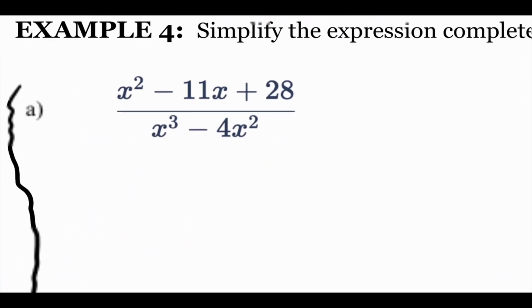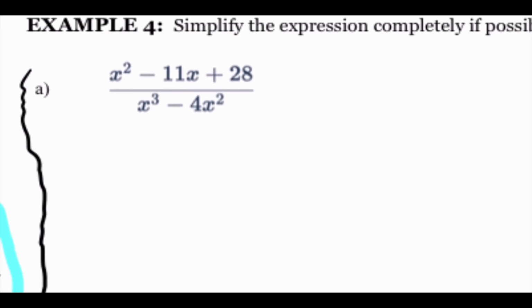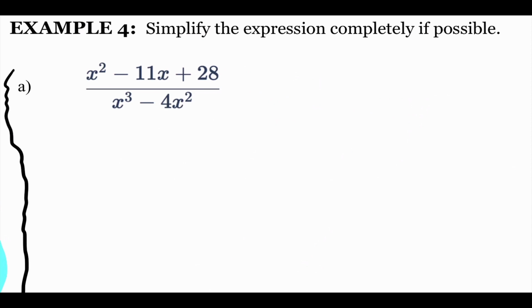Let's go this guy. Okay. Got to factor the top, factor the bottom. The top is a trinomial. Same thing we've been doing. Doesn't have a GCF, so you can move on to the next step. A is 1, B is -11, C is 28.